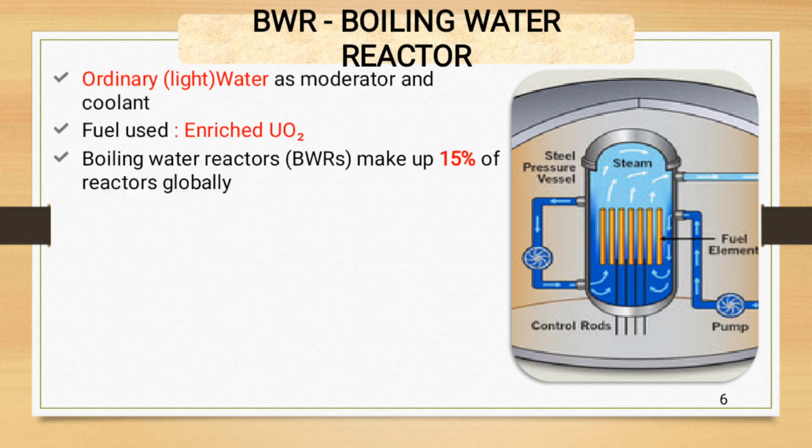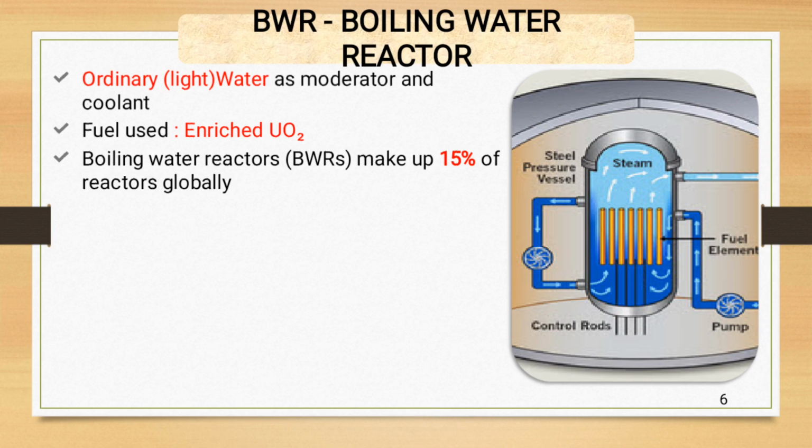Fuel used is enriched uranium dioxide. What does enriched uranium mean? Uranium-235 is usually present in nature at only 0.7%, and this is fissile. Uranium-235 is fissile, like it can start and sustain a nuclear reaction.